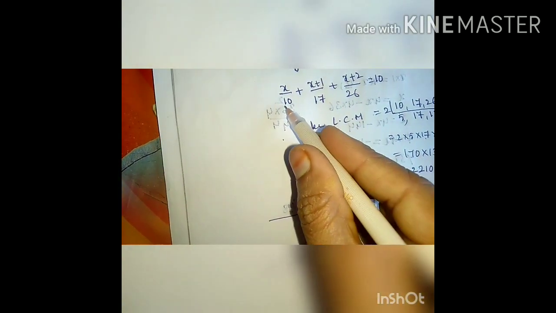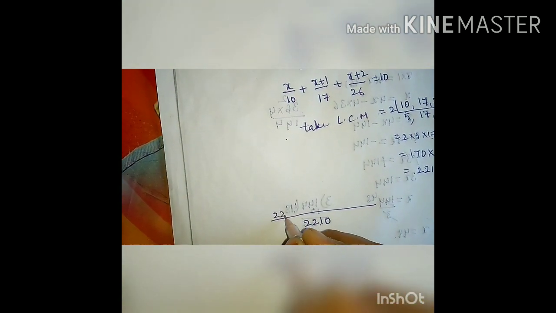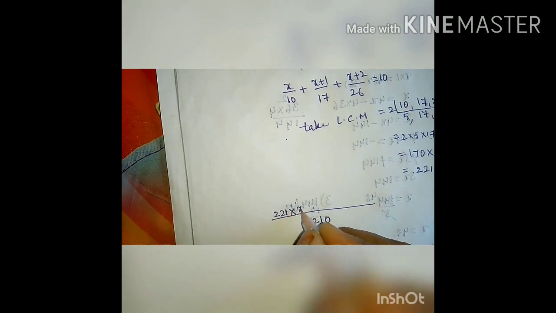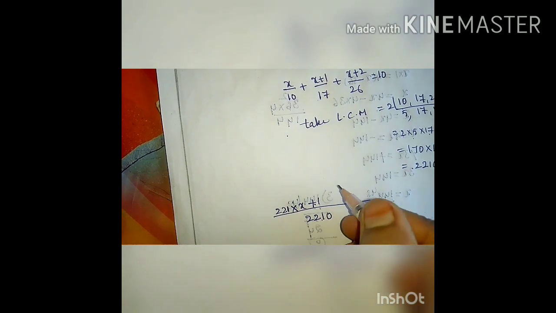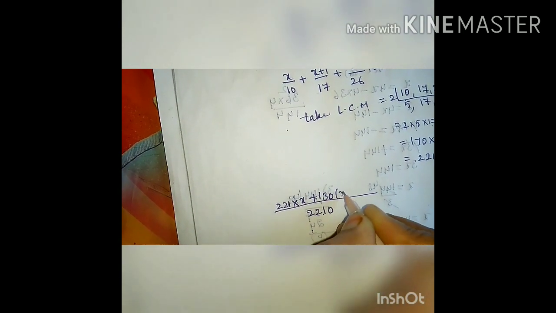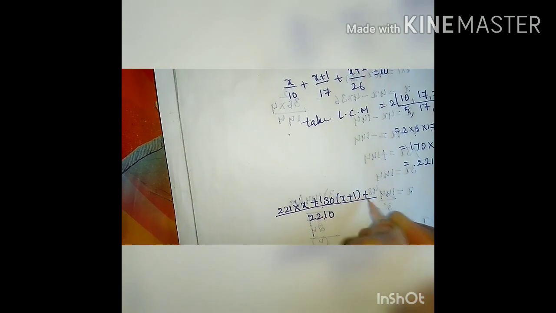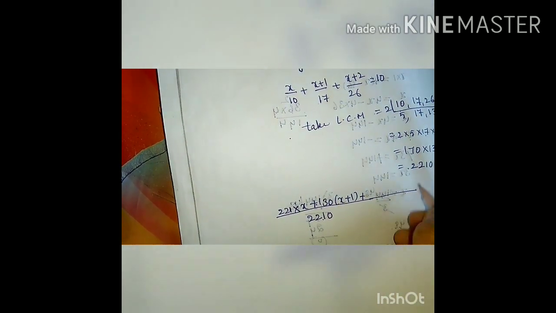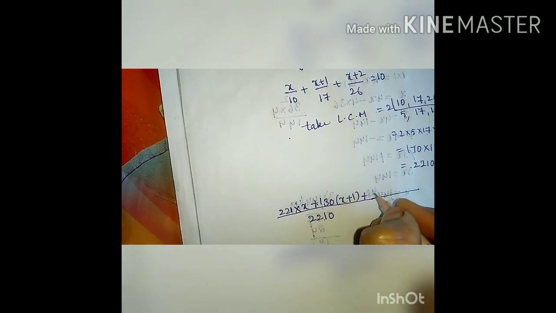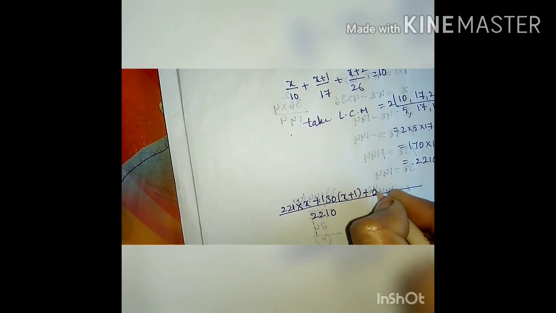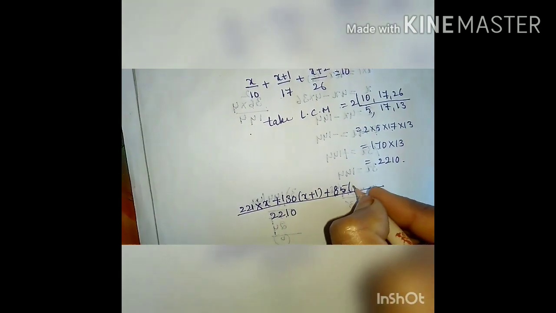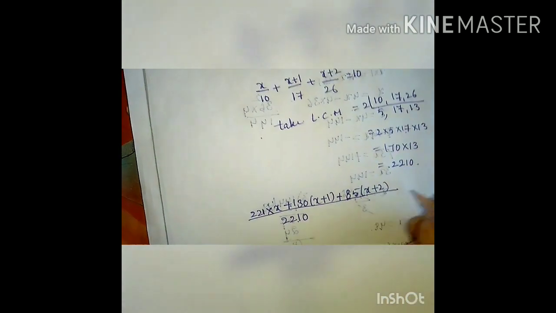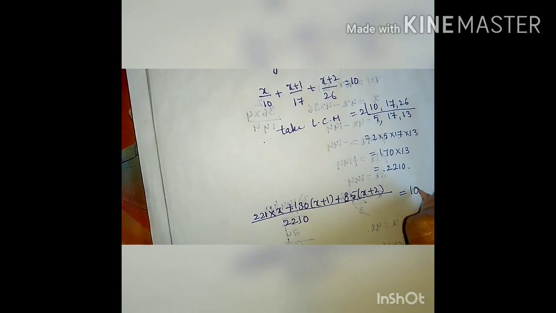So the LCM is 2210. 10 goes into 2210, 221 times, into x. 17 goes 130 times, 130 into x plus 1. Next 26 goes 85 times, 85 into x plus 2 is equal to 10.